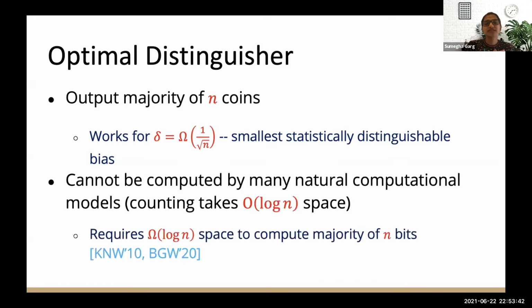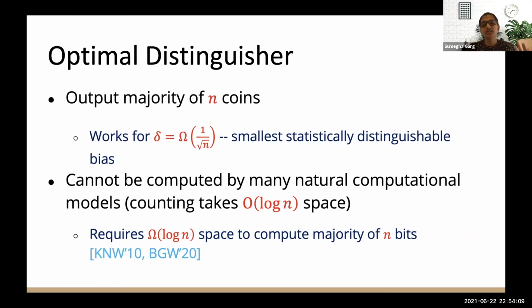But one of the caveats for this optimal distinguisher is that it cannot be computed by many natural computational models, such as AC0, AC0 with parity, and so on. Let's just talk about the streaming setting for now. You're given a stream of n coins. One algorithm is to keep track of the sum of the coins, and this requires order log n space.